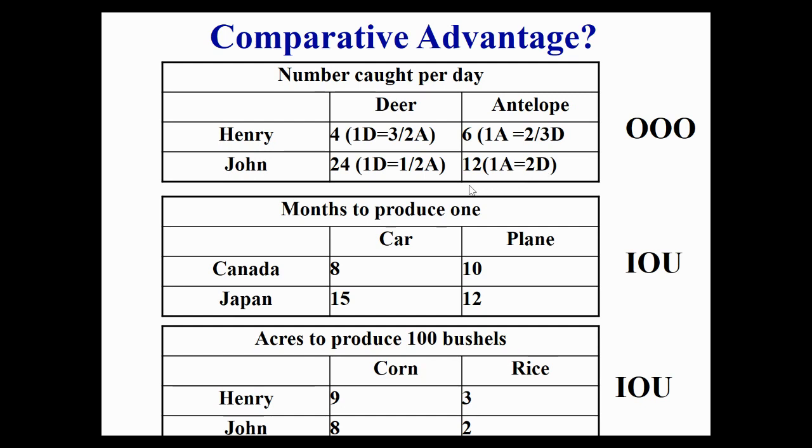Okay, so we would see who has comparative advantage by who gives up the least. We can see that John gives up the least in deer, and Henry the least in antelope. So if they were going to specialize in trade, John should just hunt deer, and Henry should just hunt antelope. So that's where we'd be there.